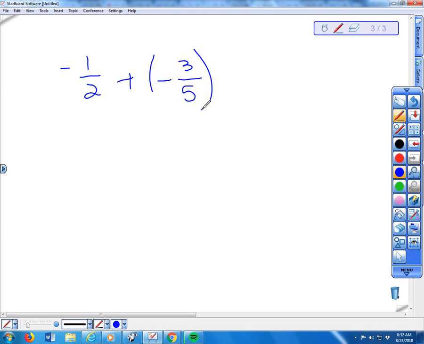Figure out where all my pens went. There's extras. So for the problem for geometry, it's on today. Rob. Negative 1/2 plus negative 3/5.